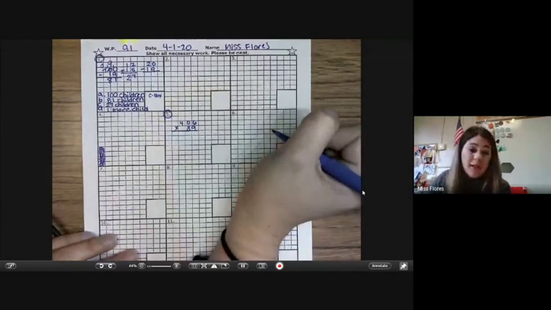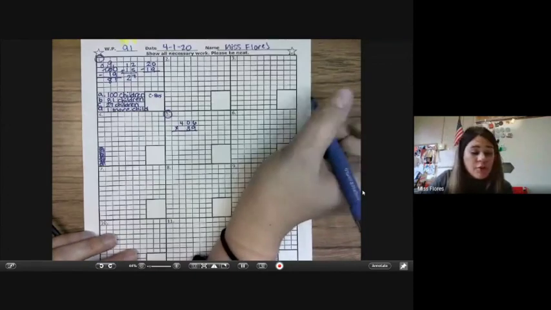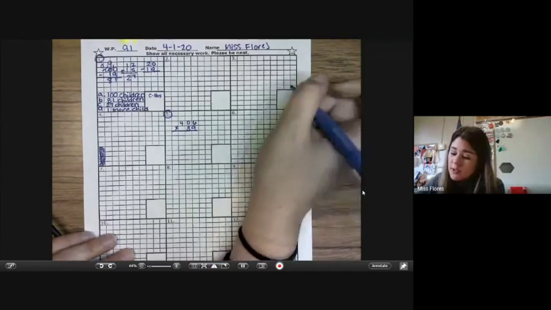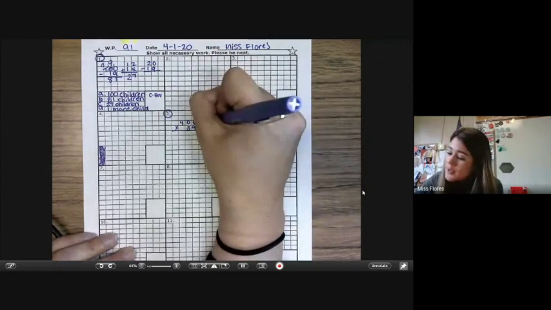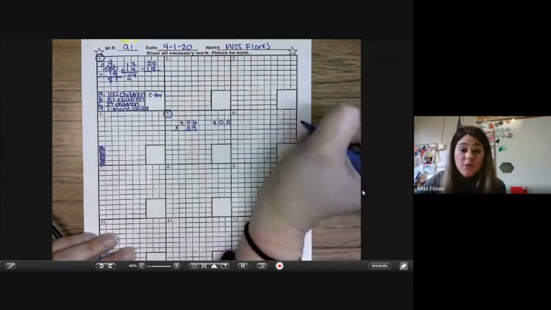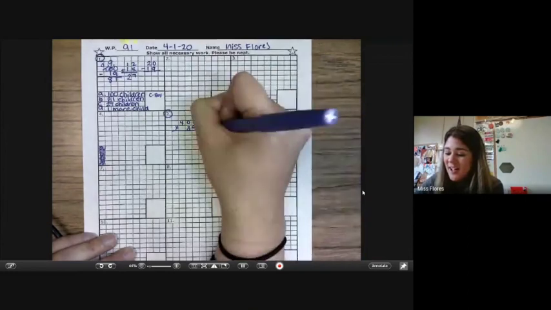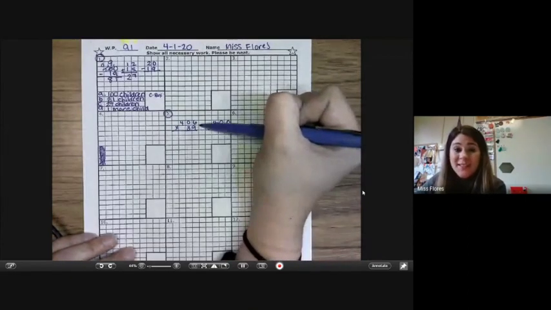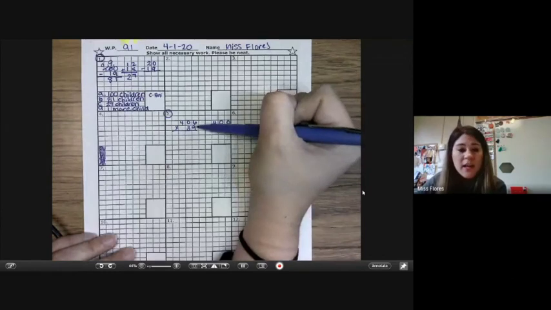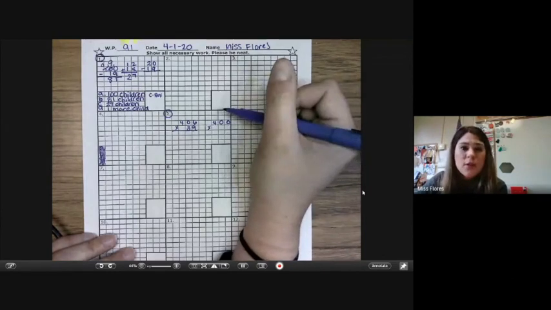But we need to estimate, which means that we need to round. So 406 is going to be rounded to what class? You guessed it. The nearest 100, which is actually 400. Okay, and it's still in multiplication. And that means 39 is going to be rounded to the nearest 10, which we look at the 9, and that's greater than 5, so we're going to go up.